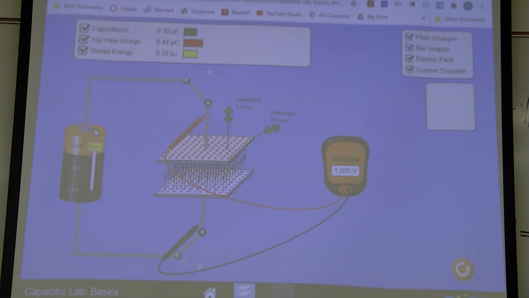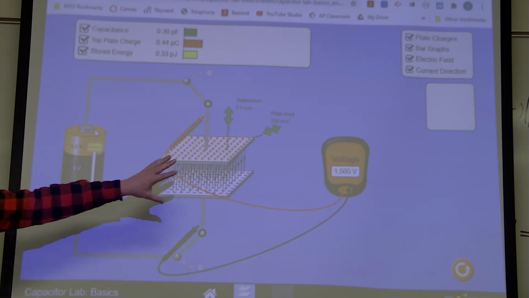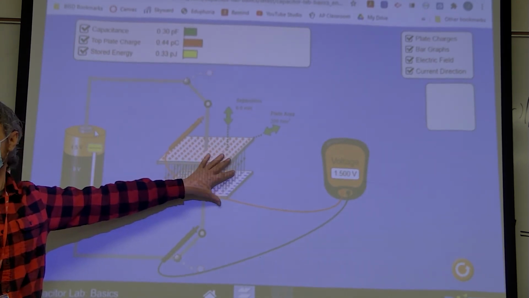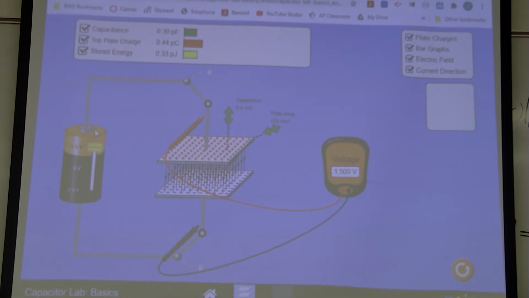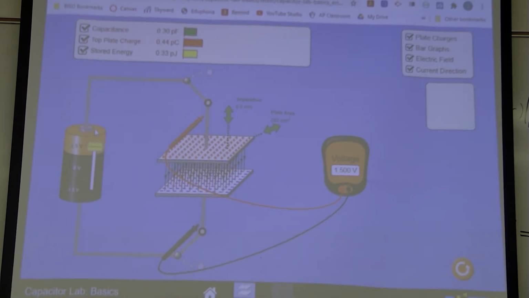If I was reasoning this out, I might invoke an equation. I know that when I went from 0 to 1.5 volts on the battery, I went from 0 to 1.5 volts across the capacitor, right? And I know the equation for capacitance is charge over potential difference, or charge per volt, right?